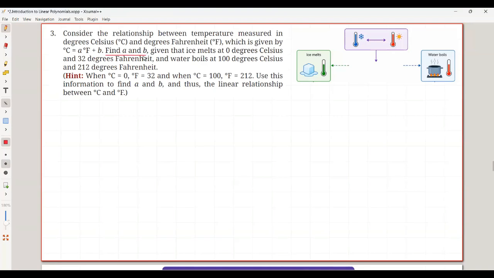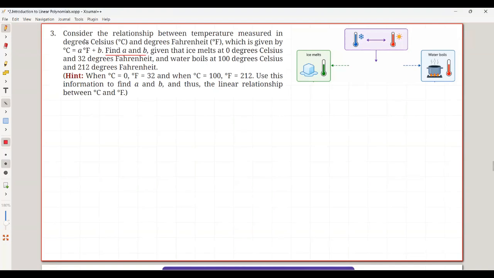Here also we have to find a and b. Given that ice melts at 0 degrees Celsius and 32 degrees Fahrenheit, and water boils at 100 degrees Celsius and 212 degrees Fahrenheit. Based on this, we have to form the linear equation, then solve the equation.